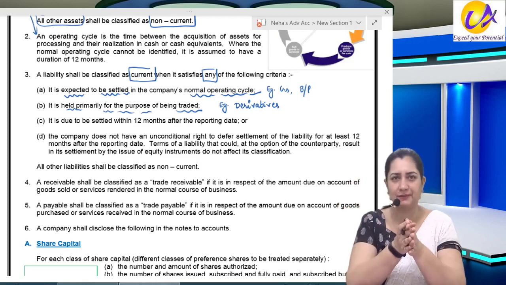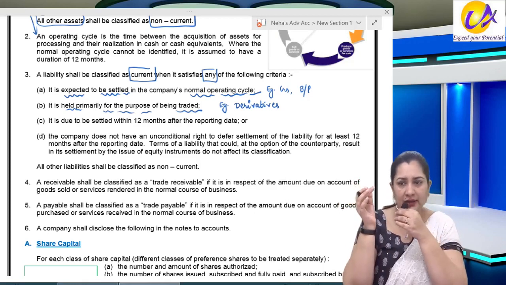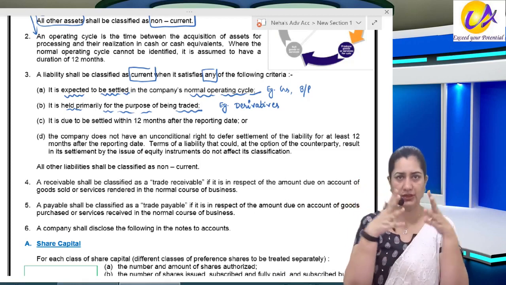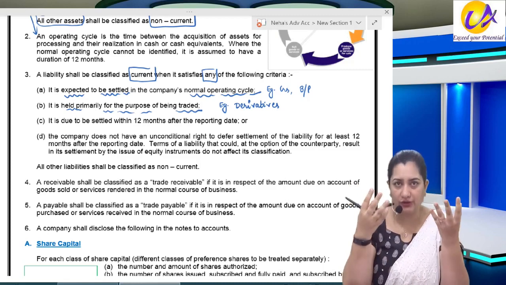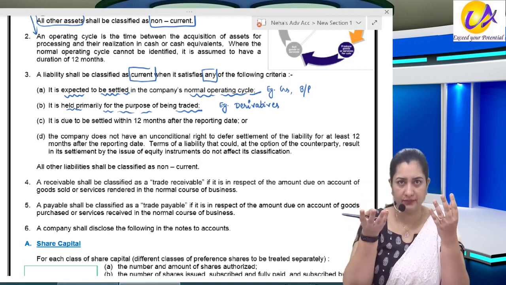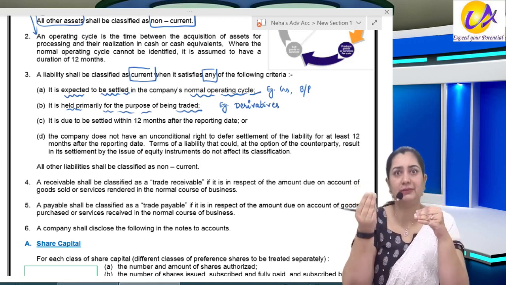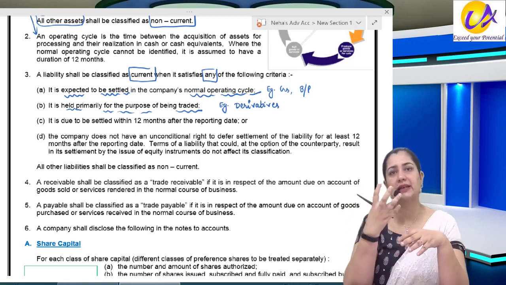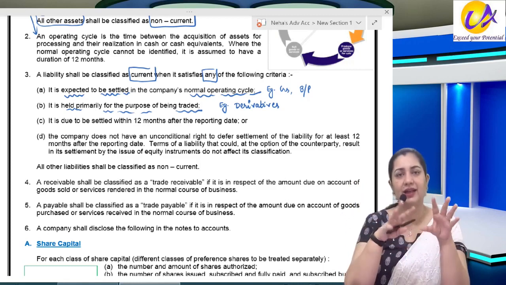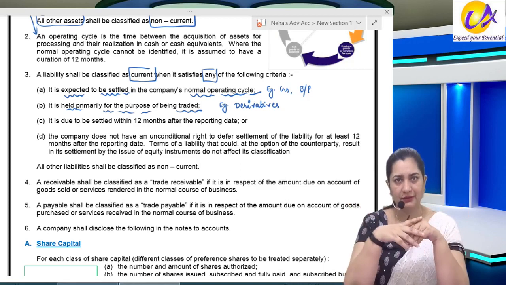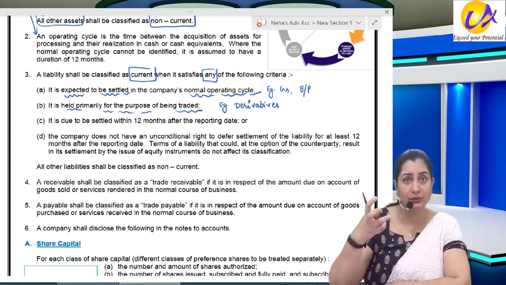Suppose I enter into a contract with you, that in the future, after 3 months, I will be buying something from you, let's say at 100 rupees. So it is not actual buying.